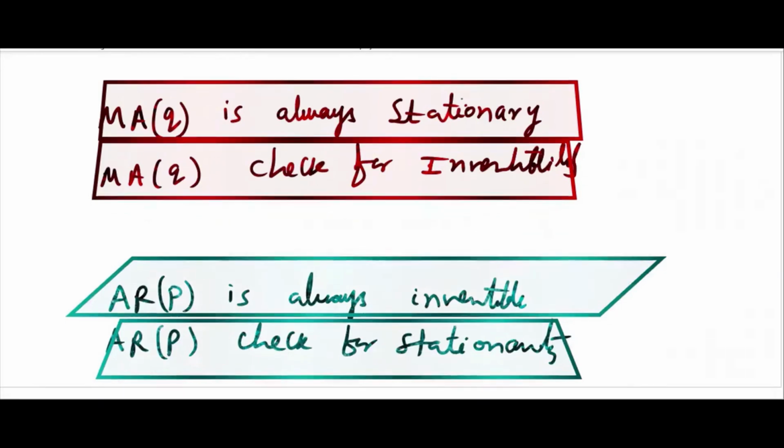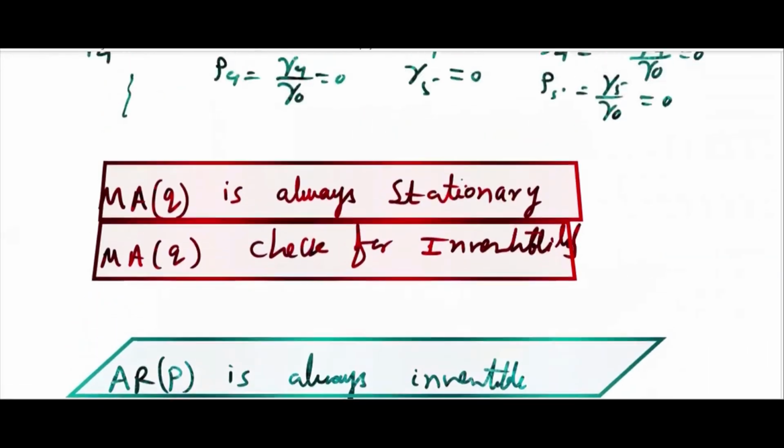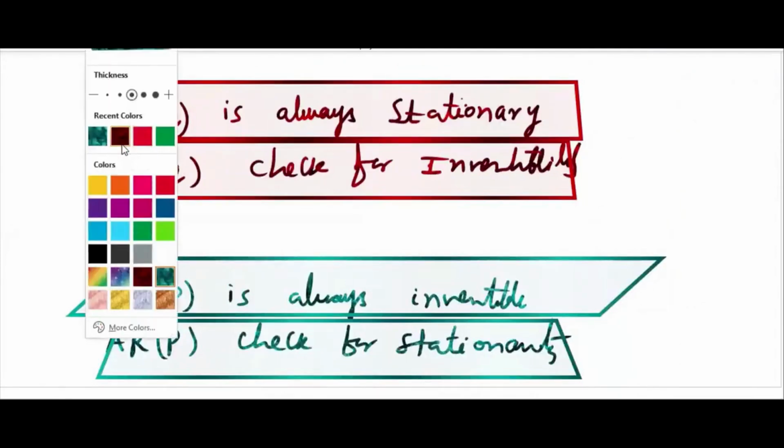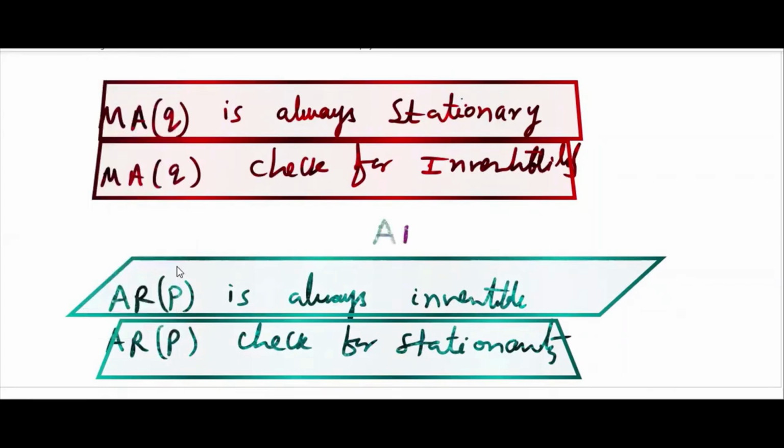Now, if you talk about the ARMA PQ process, suppose I write ARMA PQ here. We are checking for stationarity. We'll not do anything for the Q terms. We'll only see whether the AR part is stationary or not.